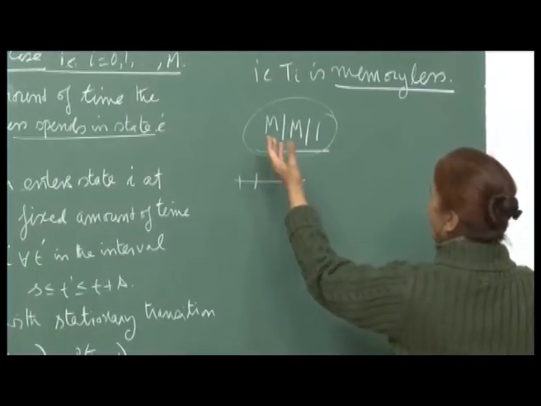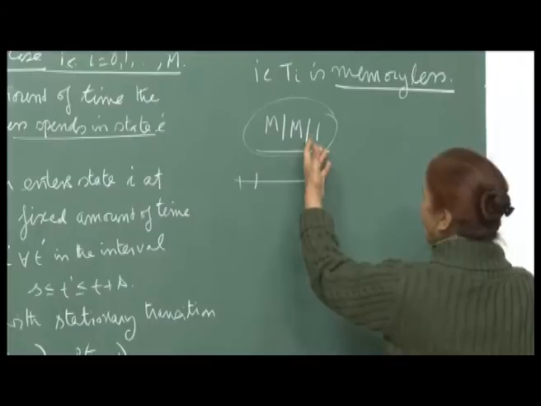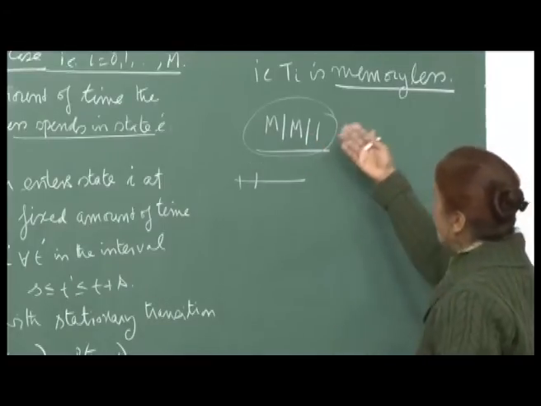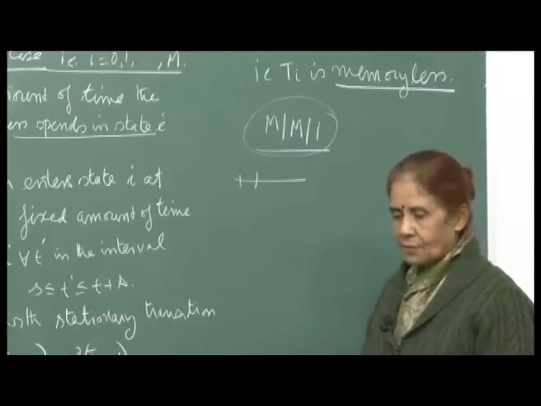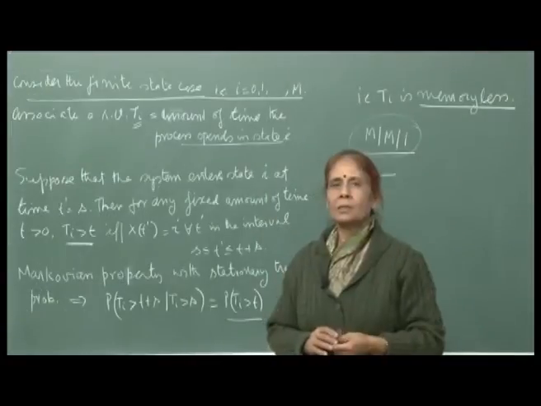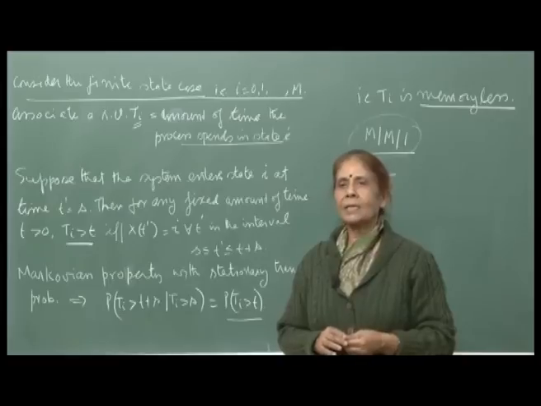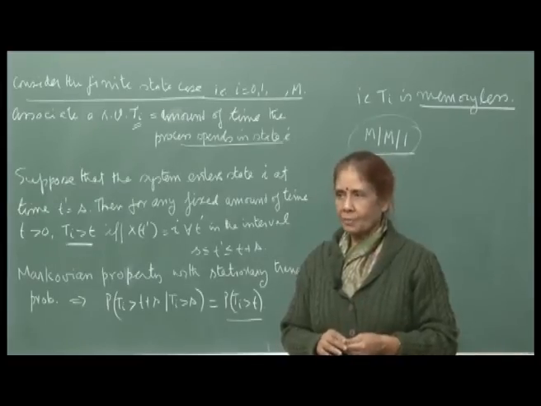Then we can very easily describe the system as MM1 with one server, and of course, you can also consider more than one server, and we will derive a lot of interesting results for the parameters related with such distributions.